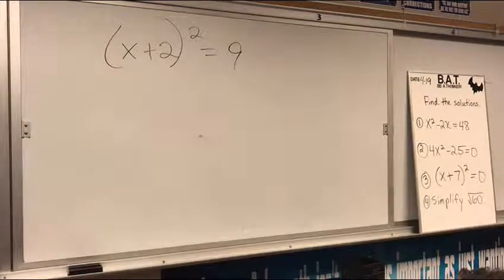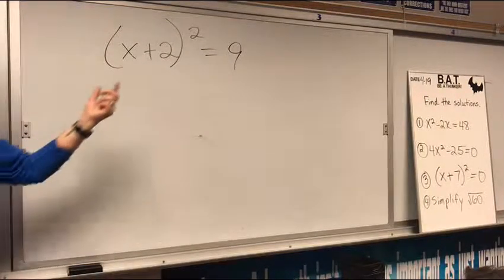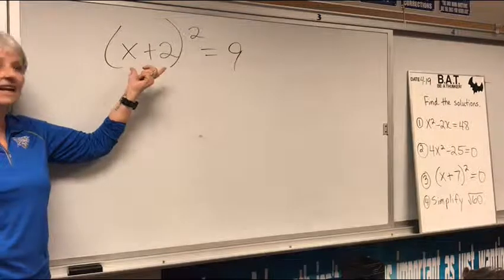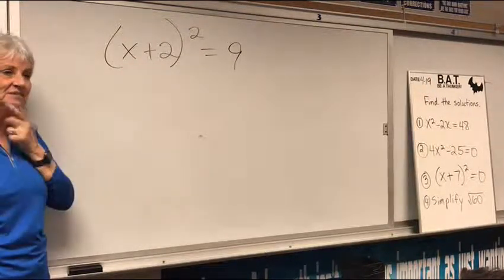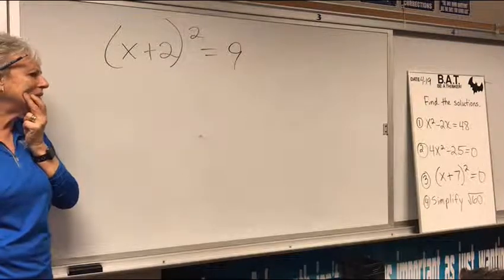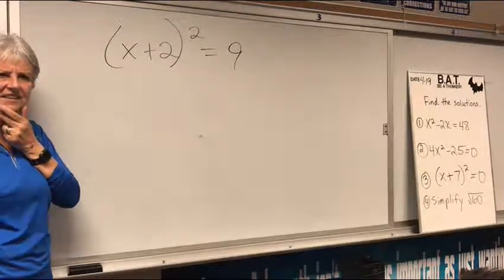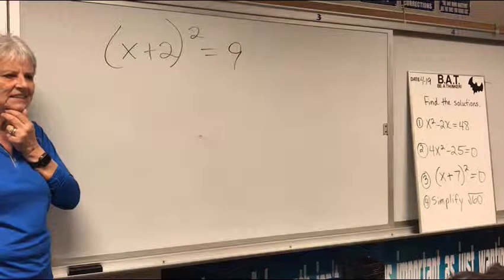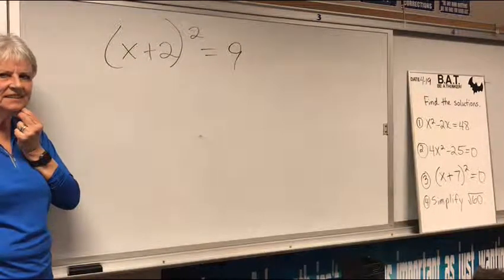Something squared is 9. What? 3. How are you going to get a 3 here? X equals 1. X is 1. There's another answer. Negative 1? Negative 1 gives me 1 on the left side. Has to be 9.